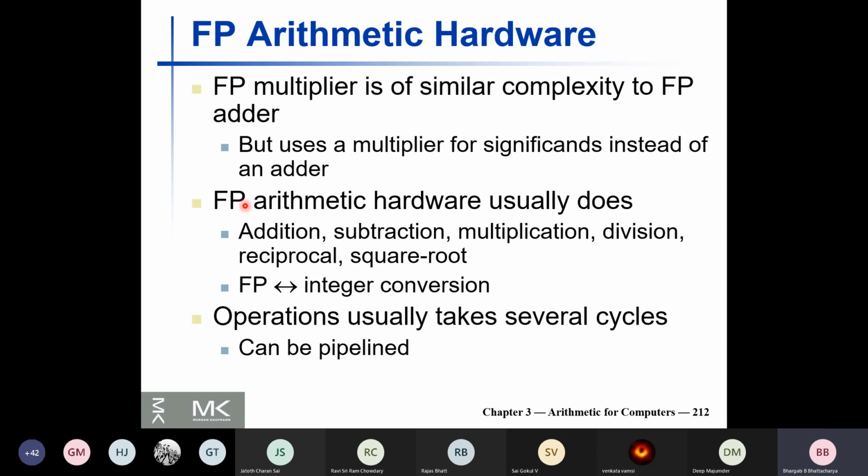Floating point arithmetic hardware usually does addition, subtraction, multiplication, and also division, but division we have not covered. A reciprocal can also be performed, as well as square root. Those we are unable to cover in this syllabus. There are also floating point to integer conversions that can be done. These operations usually take several cycles, so typically a pipeline architecture is used to reduce the cycle time.